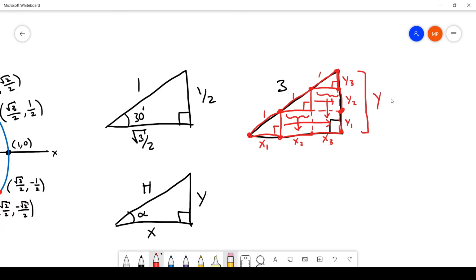Then you can see that y is just y1 plus y2 plus y3, and x is equal to x1 plus x2 plus x3. But we can already see that all these triangles are the same because we're going to have this starting angle of alpha, and this angle must remain the same throughout these three triangles.